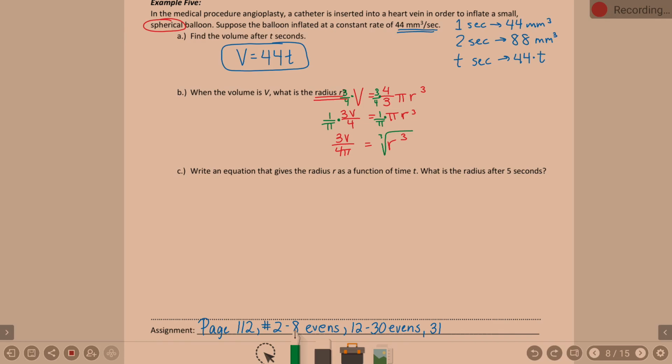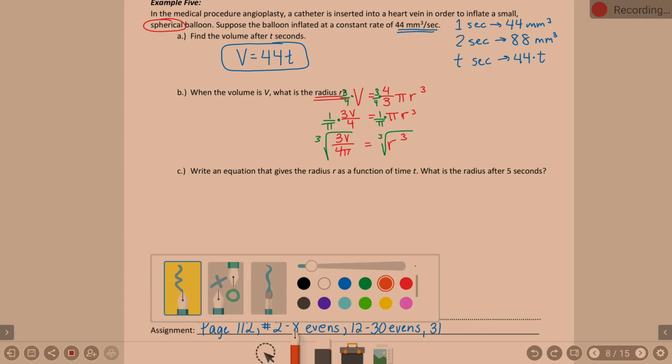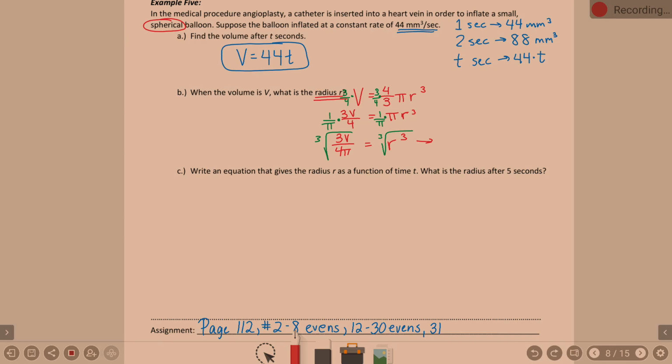What you do to one side, you do to the other. So now the cube root of r cubed is r. The cube root of 3v over 4 pi, you got it.